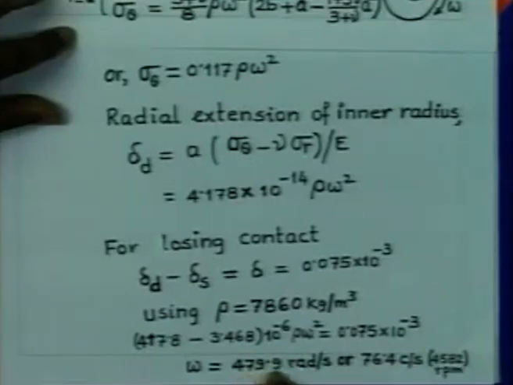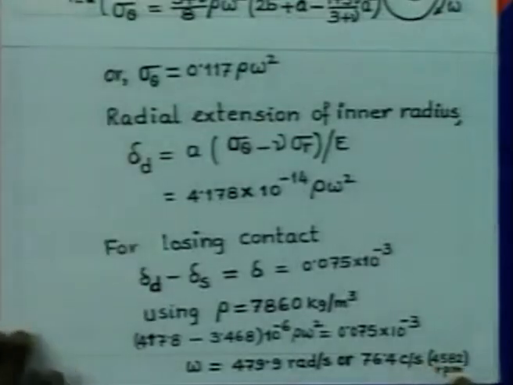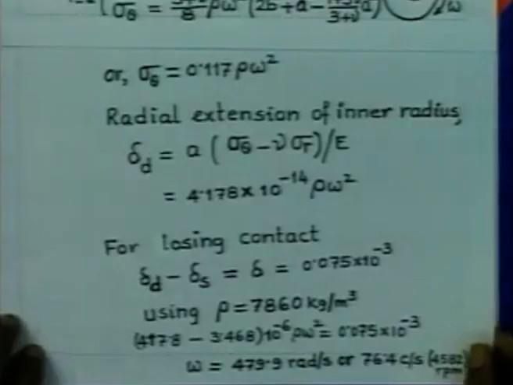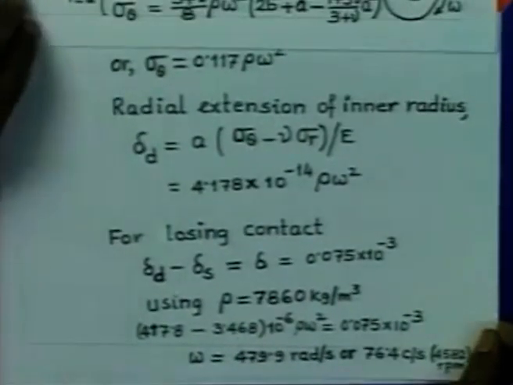It comes out to be 479.9 radian per second, which is nothing but 76.4 cycle per second or 4582 revolutions per minute. So, this is the speed at which the disk is going to be loose on the shaft. This gives you a fairly good idea how to solve the problem of a rotating disk.